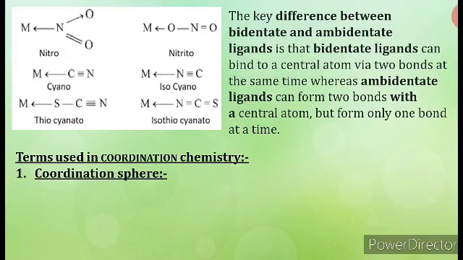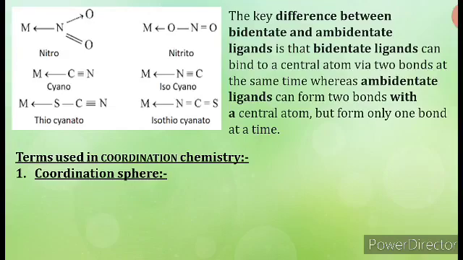What is coordination sphere? See, coordination sphere means, from the name itself it is clear, the central metal atom or ion and the ligands which are bound together through coordinate covalent bonds, they all together generate a sphere which is known as coordination sphere.